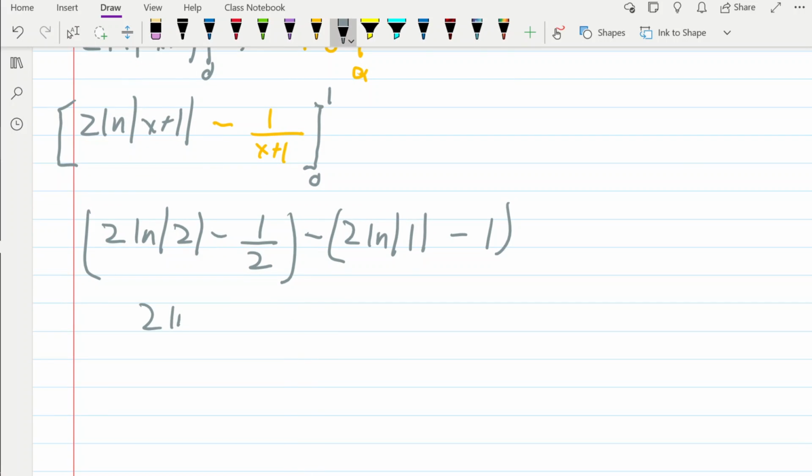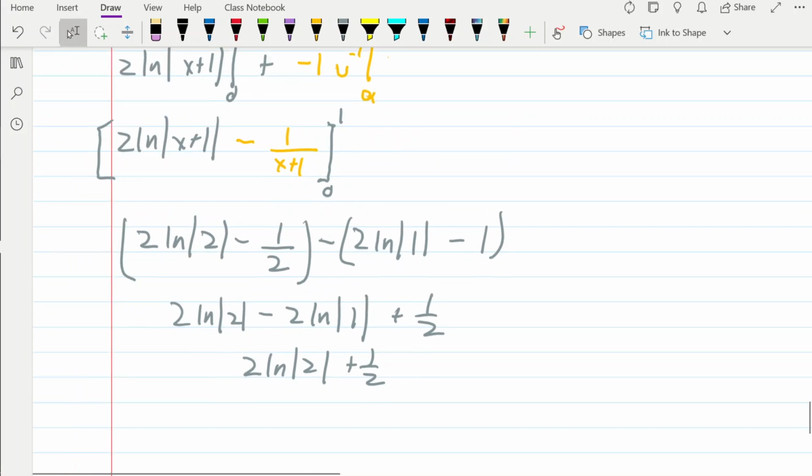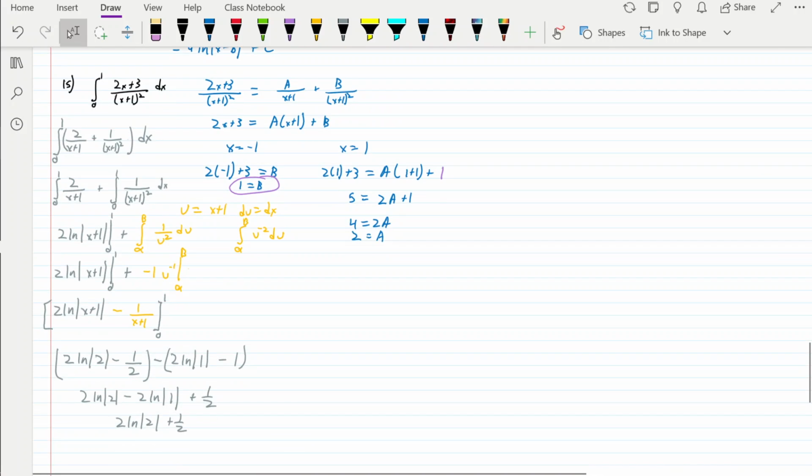So it'll be 2 ln of 2 minus 2 ln of 1, which I believe ln of 1 is 0. And then let's just get this real quick. So that's minus, and we have to distribute that minus, so that becomes a plus 1 over 2. So it should be 2 ln 2 plus 1 over 2. And then let me just check the answer real quick. So 2 ln of 2 plus 1 over 2 is the correct answer for number 15.